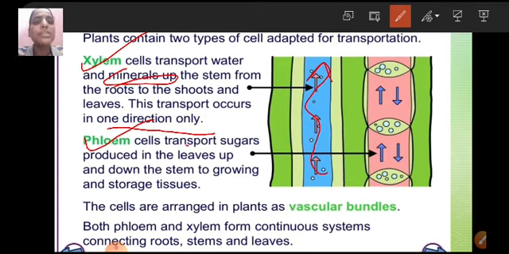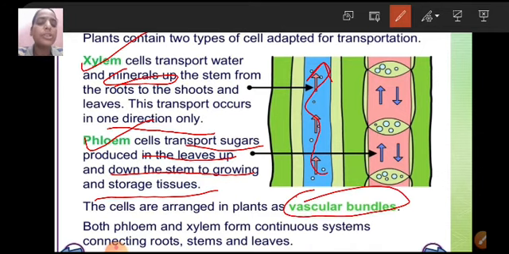Now phloem cells transport sugars produced in the leaves up and down the stem to growing and storage tissues. The cells, that is the xylem and the phloem, are arranged in plants as vascular bundles, also known as vascular tissues. Both phloem and xylem form continuous systems connecting roots, stems and leaves.